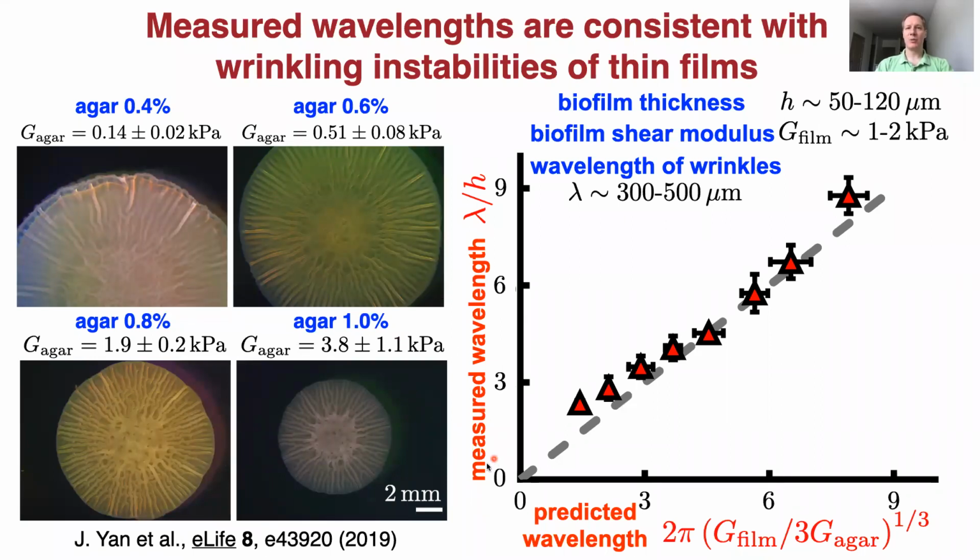Here we plot the measured wavelength, and here we plot the predicted wavelength from the mechanics. And we indeed see a very good agreement between the two, which suggests that all of these patterns you're seeing here are indeed coming from the mechanical instability, and not from some other Turing-like mechanism, which would happen from chemical reaction and diffusion.